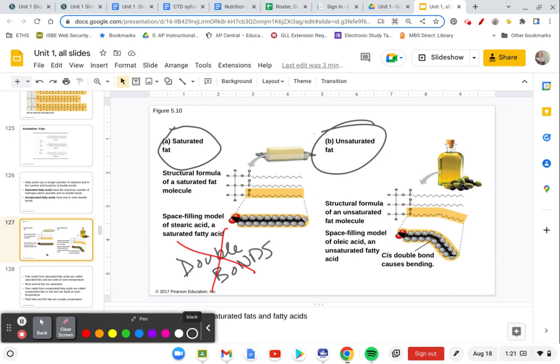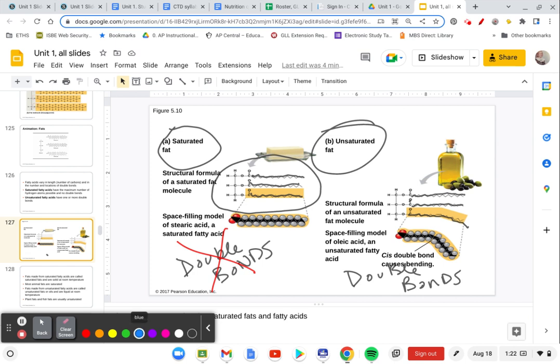Now, if you look at the structure, look at this one here, you can see that these chains are pretty tightly together. Okay. And that there's a little kink there. These guys are tightly together, but this one, the third one, is not.